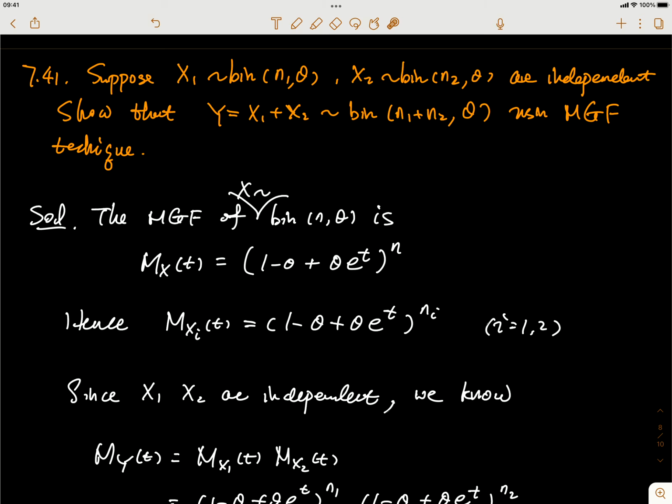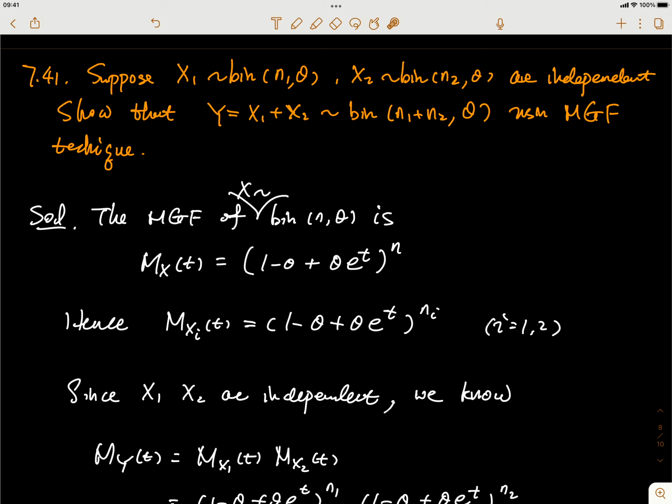Actually, when you have two random variables X1, X2 like this, X1 following binomial n1, theta is just the number of successes. For example, you have a coin with a probability theta of getting a head and 1 minus theta of getting a tail, and you toss that coin n1 times.